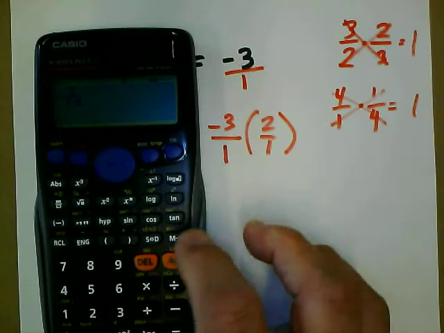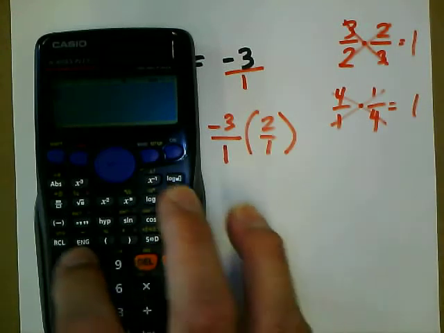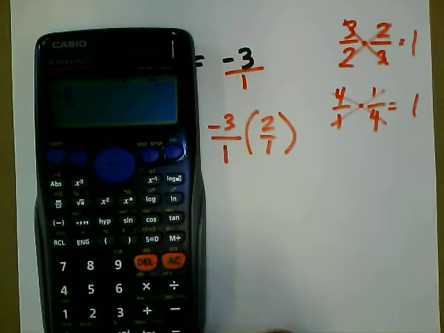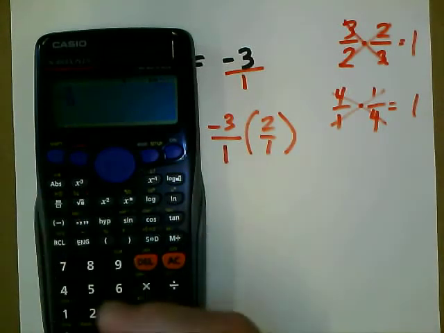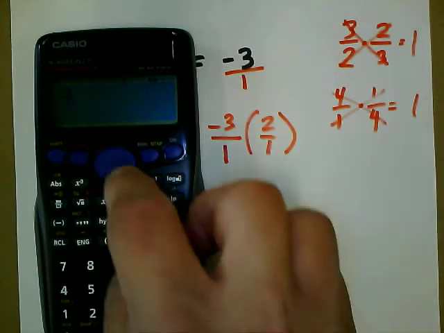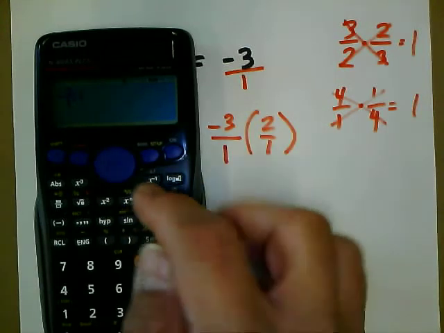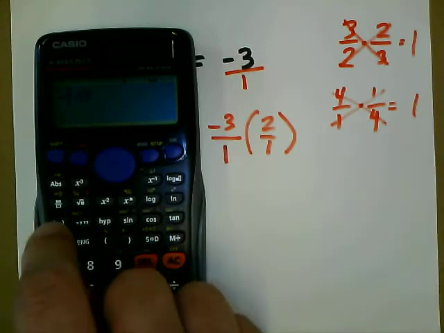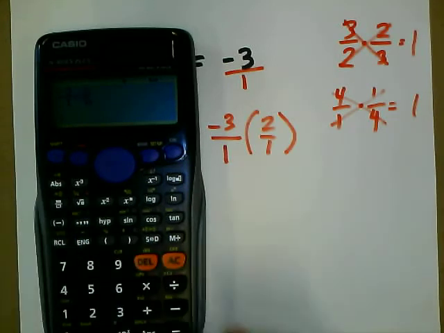Let's cancel this out. Here we go: negative 3, that fraction button, 1. Some calculators have an ABC button. Then times, and then I'm going to do 2 over 1. Then I can simply hit equals, and it's going to give me negative 6.